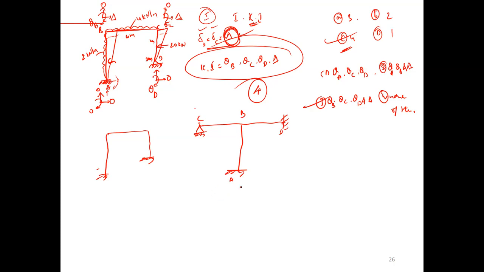See, here C is 0, here also 0. Here theta B is possible, but this fixity will not allow it. Here, at the hinge, these are 0, but theta C is possible. Rotation is possible at the hinge. So the total kinematic indeterminacy is 2: theta B and theta C.